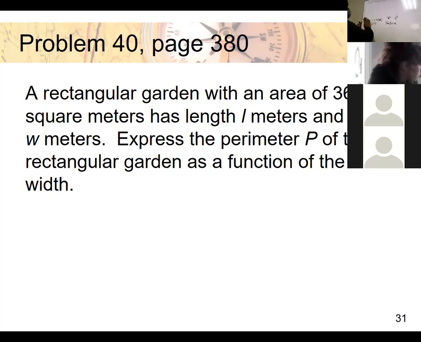There are a couple of things we need to know. We need to know the formula for the area of any rectangular object, and that's this: A is equal to length times width, A is equal to L times W. And then we also need the formula for the perimeter of any rectangular object, which is 2 times the length plus 2 times the width.